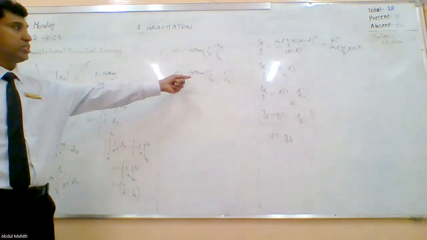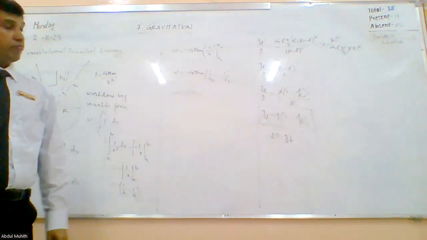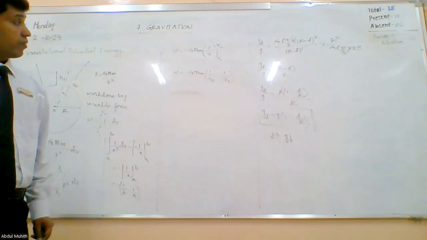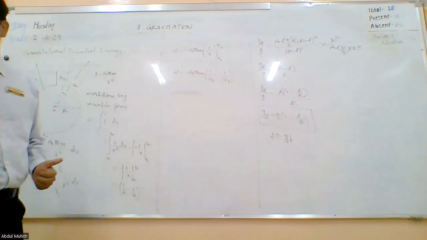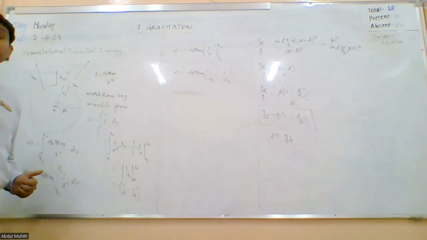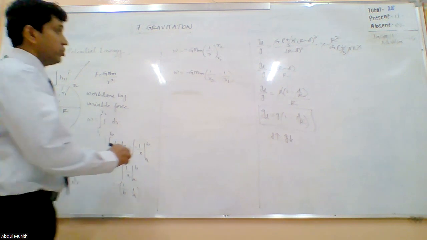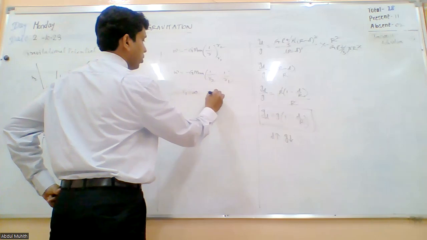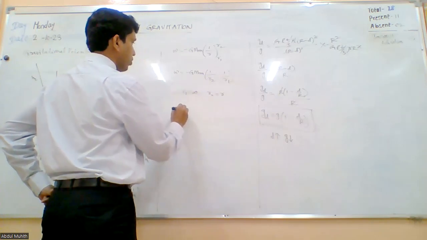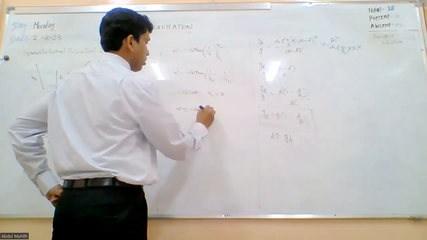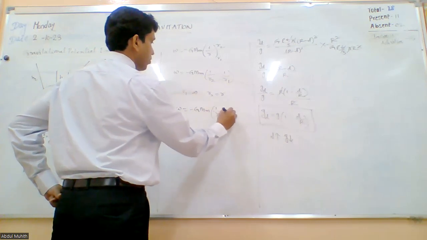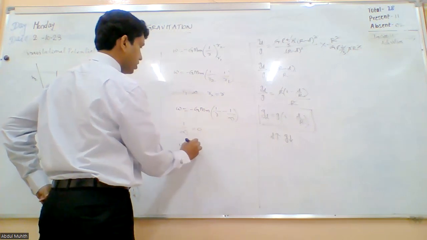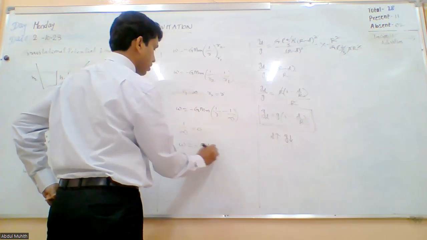Here W equal to minus GMm into 1 by R2 minus 1 by R1. Now if I take one point as infinity, suppose I take R1 as infinity and R2 equal to R, what will happen? W equal to minus G capital M small m into 1 by R minus 1 by infinity. What is 1 by infinity? 0. So W equal to how much? Minus GMm by R. This is the formula.